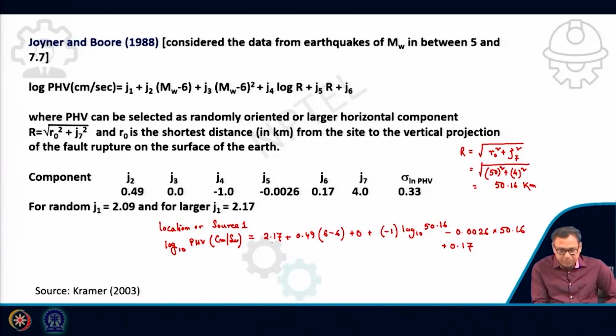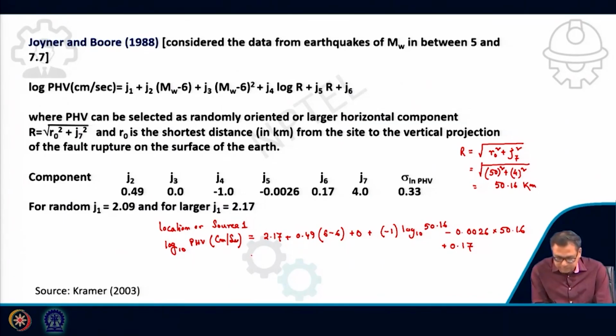Okay, so this is 2.17 because I have taken the larger one. J2 is 0.49, 6 minus 6, J3 is 0, so that is gone, and J4 is minus 1 into log R, we can calculate it like this, and then J5 is minus 0.0026 into 50.16, plus 0.7.